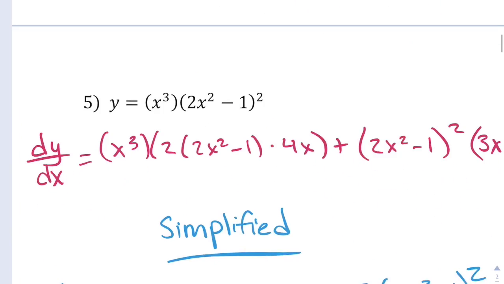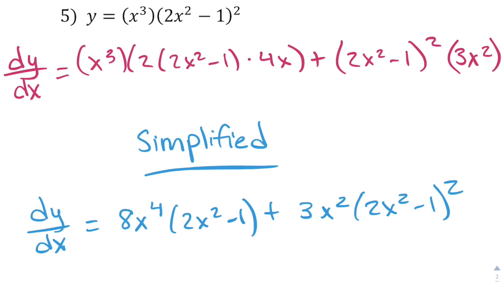Okay, number 5. This is the product rule because we have the product of 2 items, but we also have chain rule because that entire quantity is being brought to the second power. So when we derive this second one, we're going to have to use the chain rule. So let's get going. We have the first function times the derivative of the second.